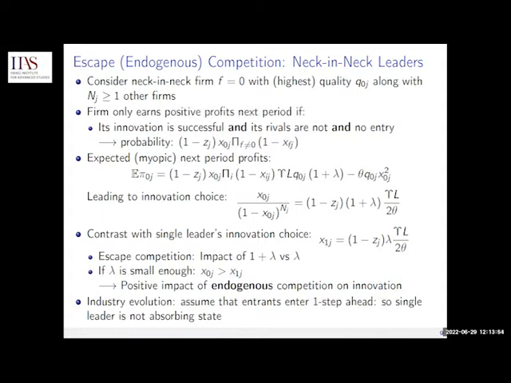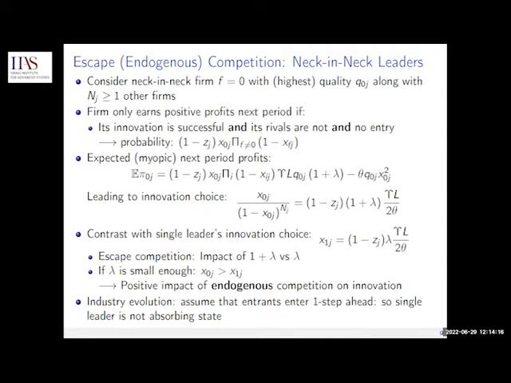You can put it in the fully dynamic version. Then you move to computational stuff. So you can't really write it down analytically, derive it with pencil and paper, but these same forces are there. Exactly the same condition about potentially the neck and neck leader innovating more.